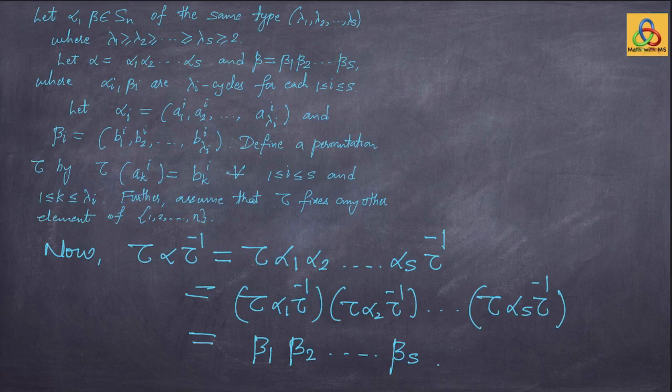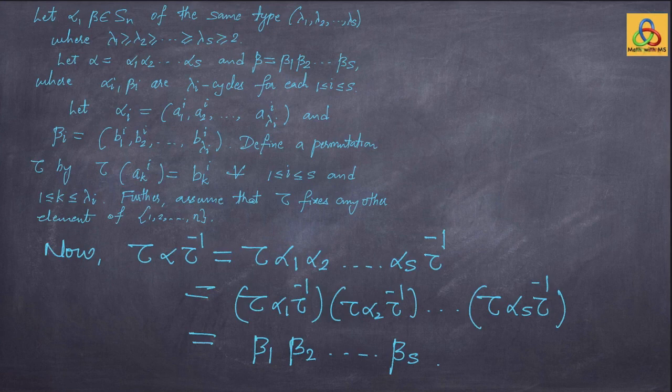Conversely, given a partition of n, we obviously get an element of the symmetric group and hence it gives a conjugacy class. This shows that there is a one-to-one correspondence between the partitions of n and the conjugacy classes in Sn.